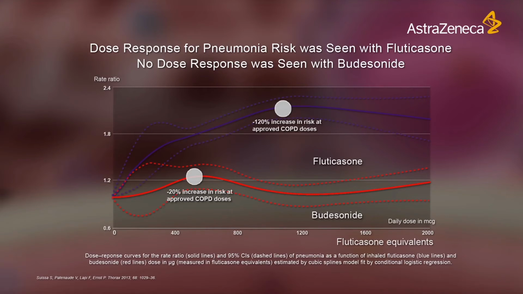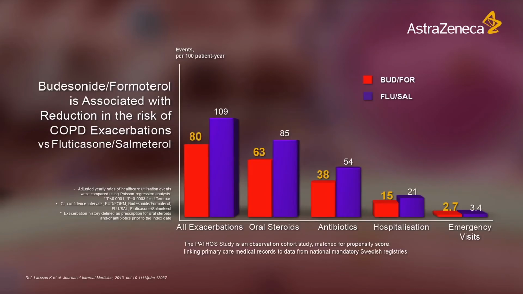Study by Suissa concludes that the pneumonia risk is dependent on the type of ICS rather than the dose of ICS. Exacerbations can be induced by inflammation and infection. In the management of asthma and COPD, it is important to reduce incidence of exacerbations. Budesonide is associated with a lower risk of immunosuppression and infection compared to fluticasone.